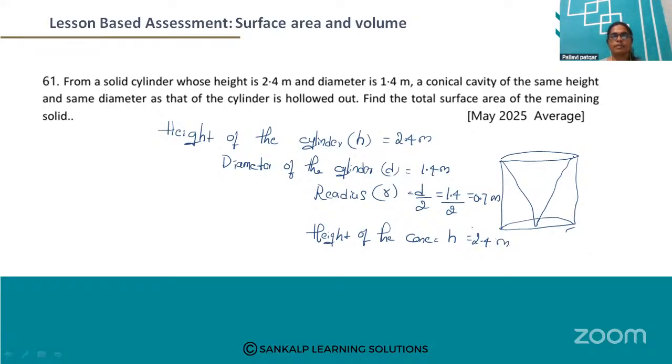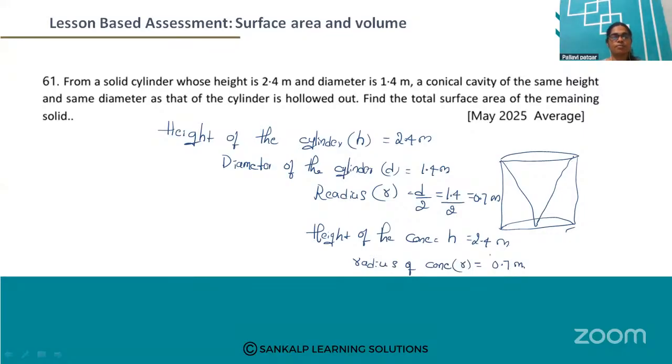So here they given solid cylinder whose height is 2.4 and a conical cavity of the same height. Therefore, the height of the cone is also 2.4 meter. Okay. So the radius is same. Radius of the cone is 0.7 meter.